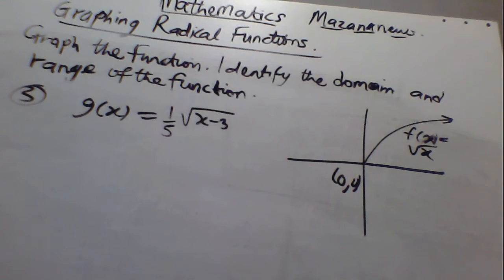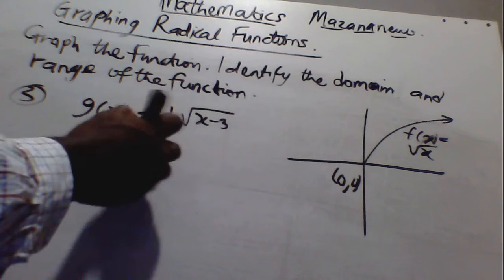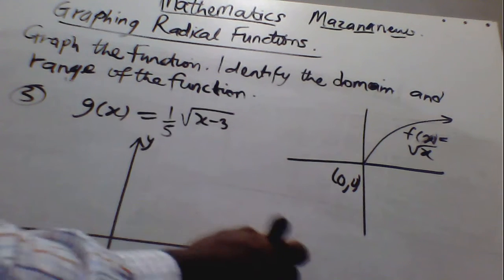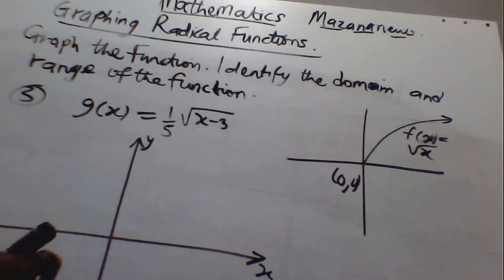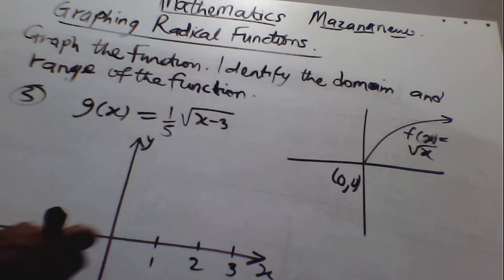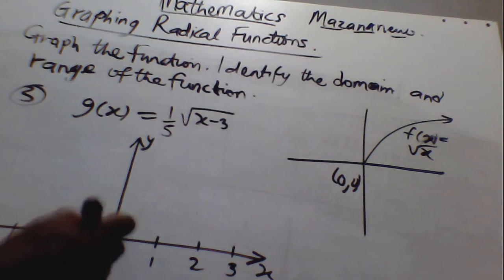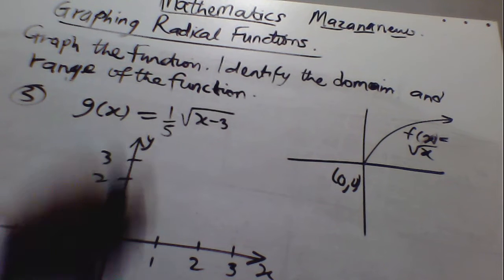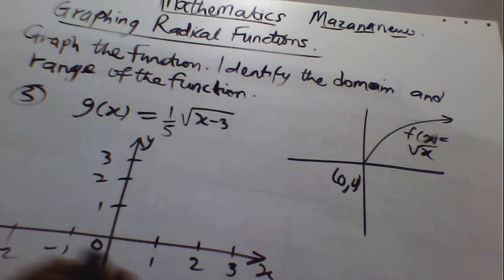So with this you can translate how the graph is going to look. So from here you can say here is 1, 2, 3, minus 1, minus 2, this is 0, this is 1, 2, 3, minus 1, minus 2.